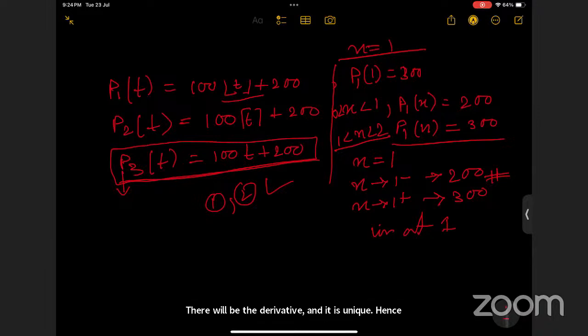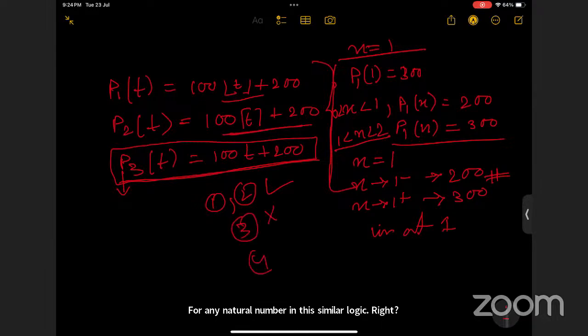And for the P2 function, again, we can do the same thing, right? Again, the tangent will not exist for any natural number with similar logic, right? So the third option is not correct, then the fourth option is correct. Okay.